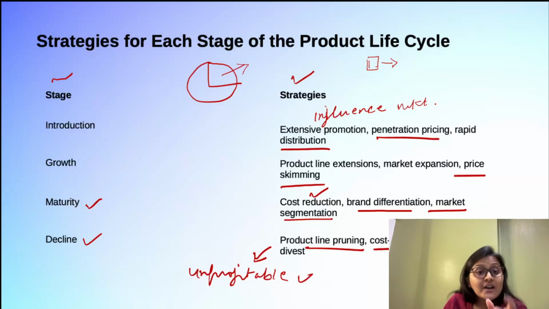There is even harvest and divest. Now harvest, like the farmers, whenever the crops are grown in the farms, when the crops are ripened and the fruits or the vegetables have grown, there comes the harvest season.